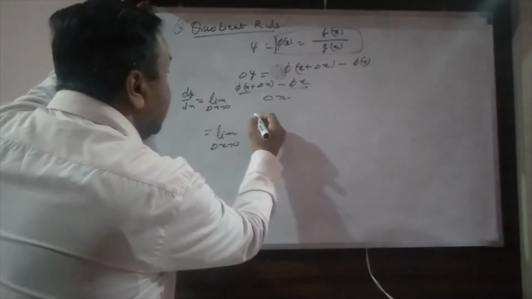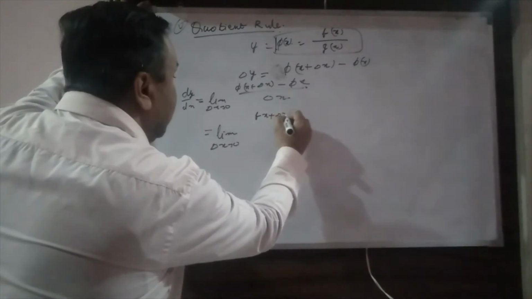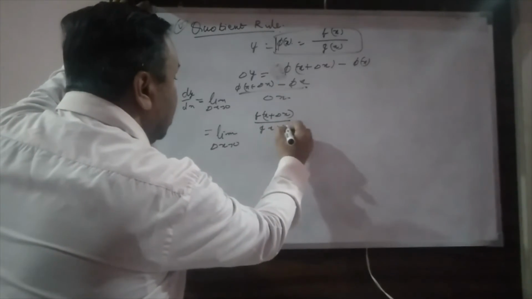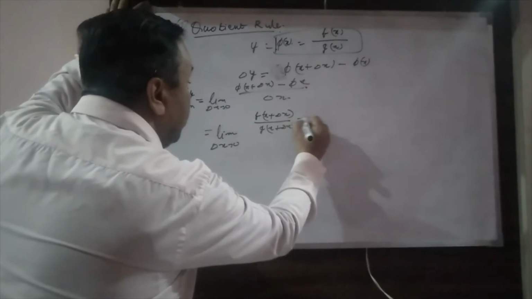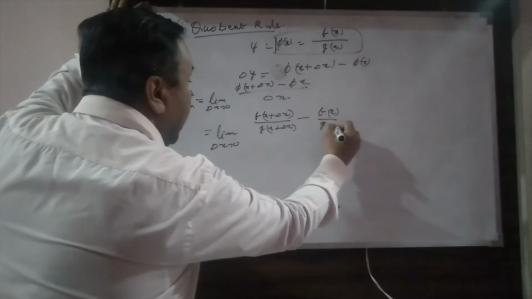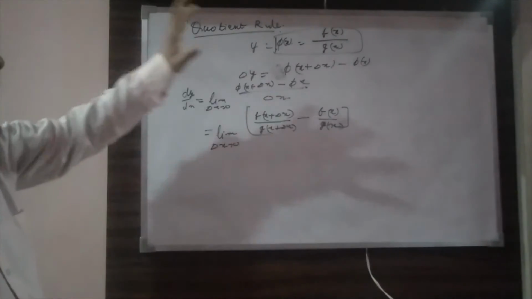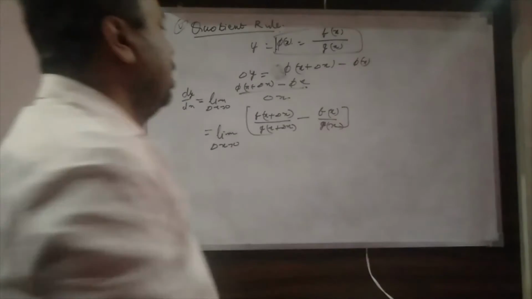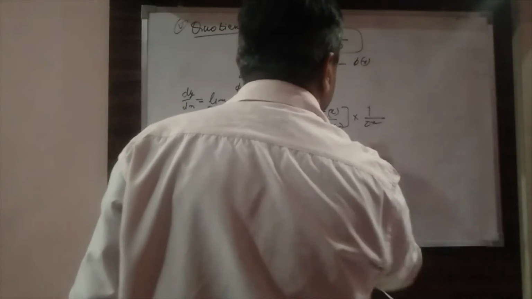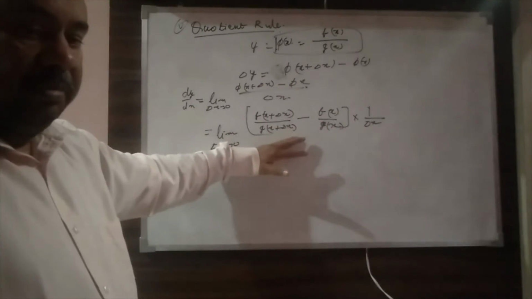For phi(x plus delta x), it will be f(x plus delta x) divided by g(x plus delta x) minus f(x) divided by g(x). And for the sake of convenience, I am writing delta x separately as 1 divided by delta x. Now I will simplify this.